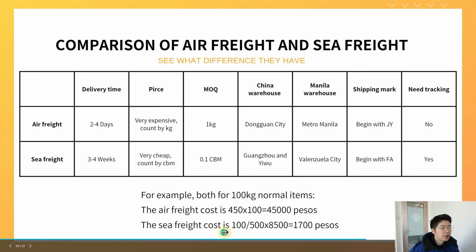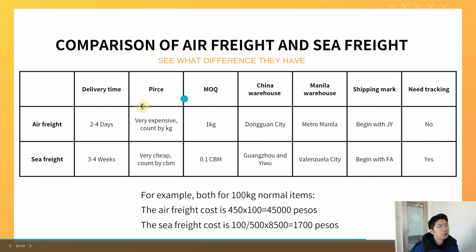And the sea freight cost is only 100 divided by 500 and multiplied by the rate of 8,500 pesos per CBM, which equals 1,700 pesos. So you will know how expensive air freight is and why sea freight is suitable for large quantity items.